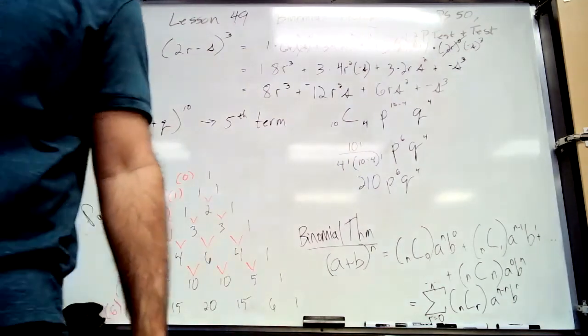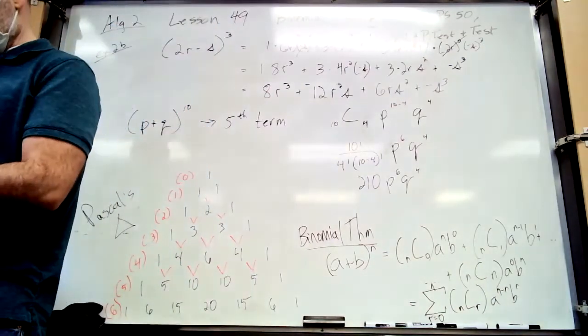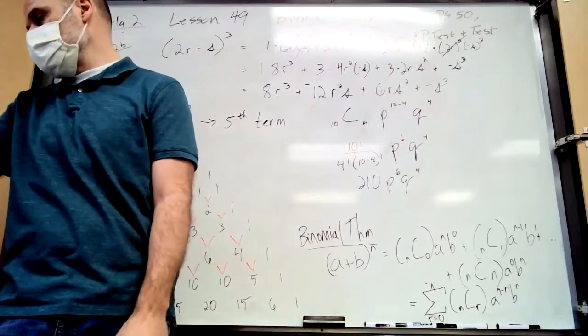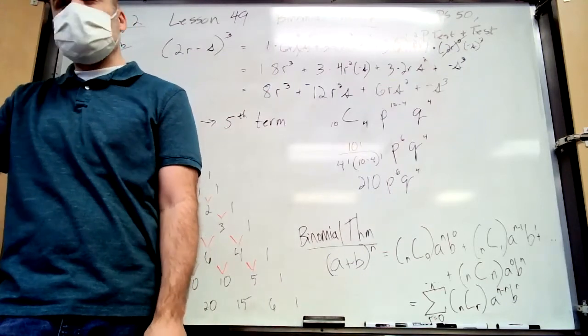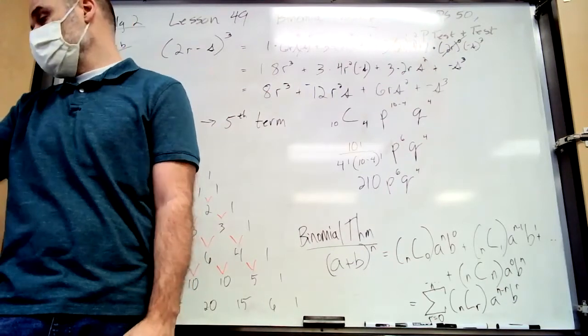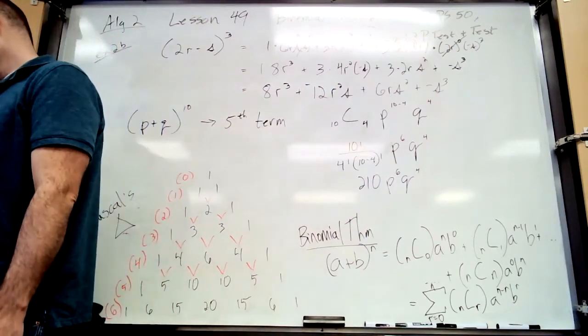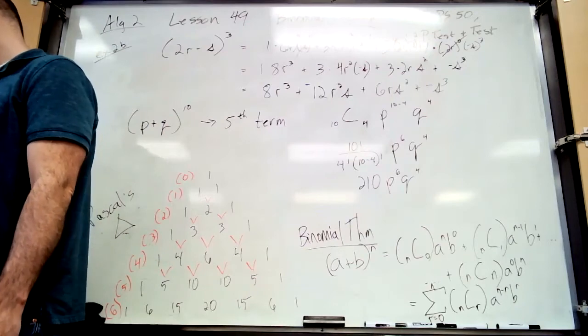So believe it or not, people use this when they're trying to figure out probability of things happening in statistics, and they use the binomial theorem to do that. Okay, but we're not going to get that far. Let's move on to lesson 50.